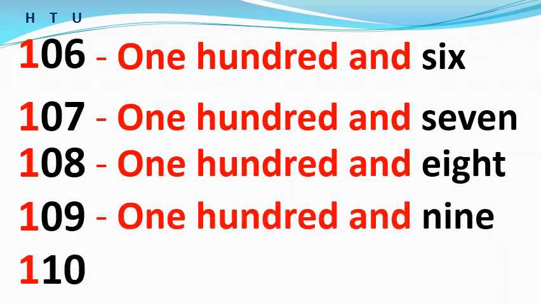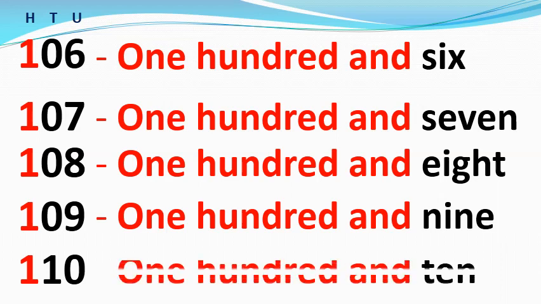110. Now children, again here we have to be careful. 1 is 100 and 10 is 10. So we read it as 110. Number 111. Here 1 in the hundreds place, 1 in the tens place and 1 in the units place.